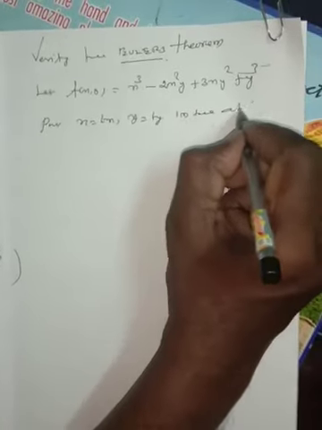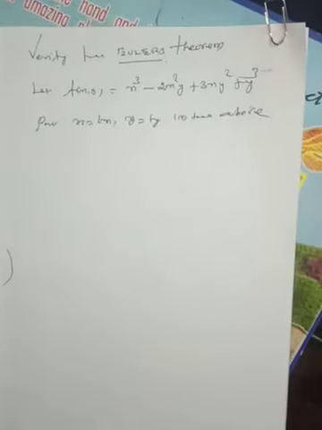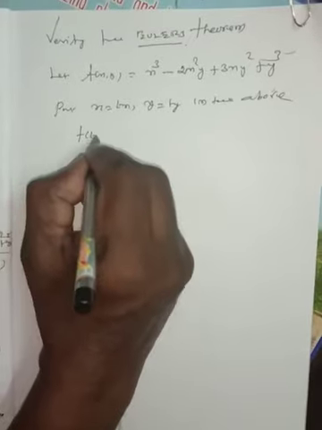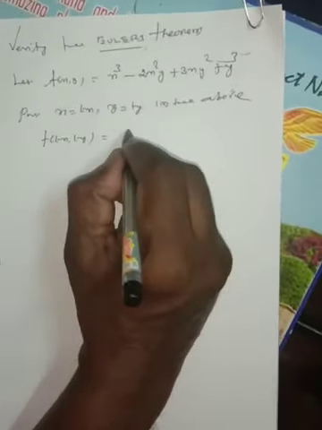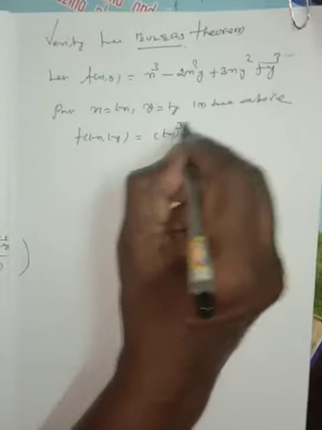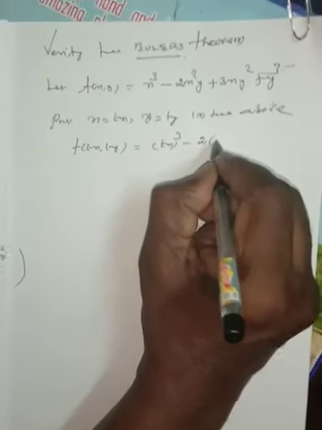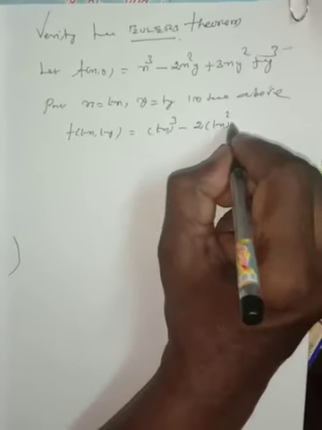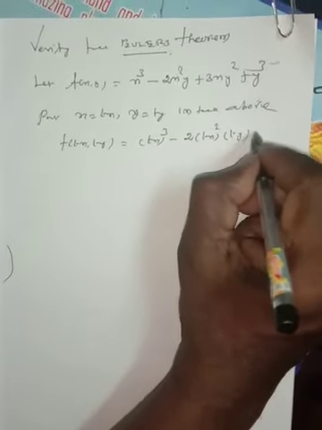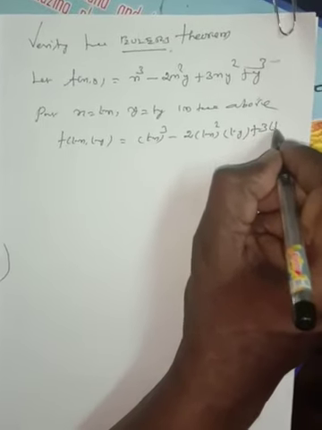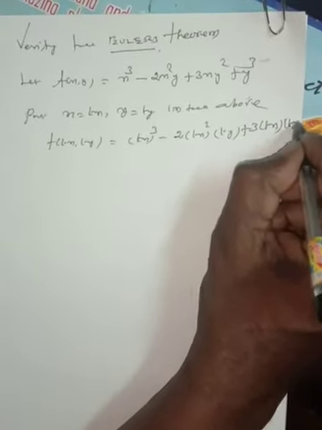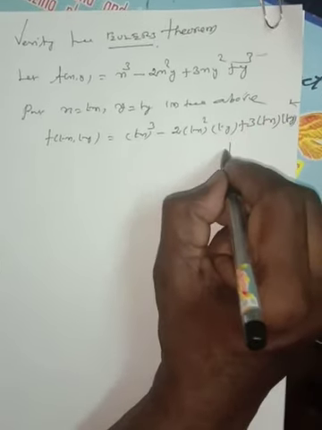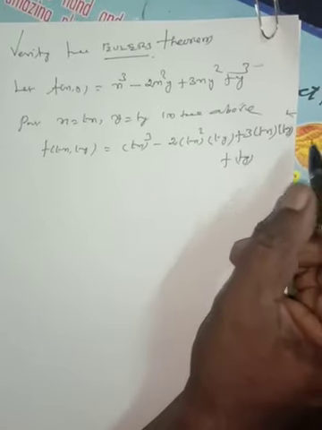In the above, we have f of tx, ty is equal to tx whole to the power of 3 minus 2 tx whole square into ty plus 3 into tx into ty whole square plus ty whole to the power of 3.